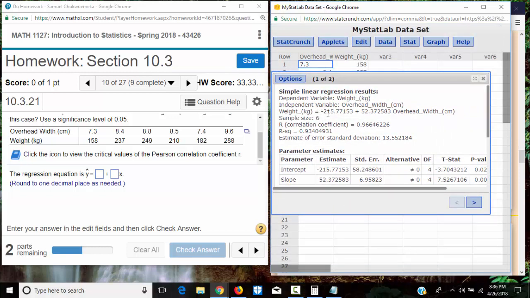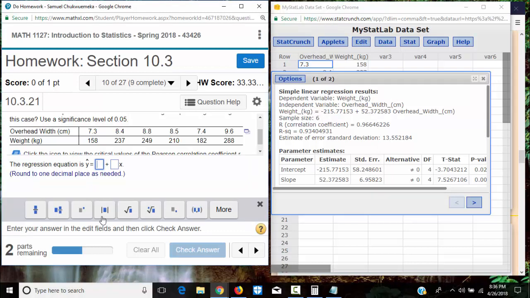So this is the regression equation right here. The y-intercept to 1 decimal place is negative 215.8. And the slope is 52.4.